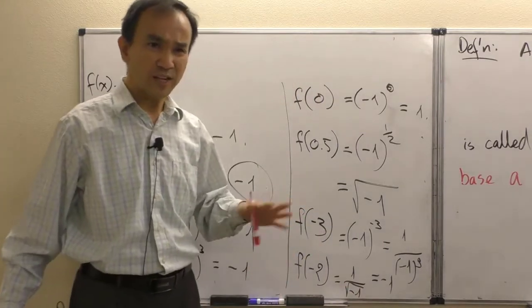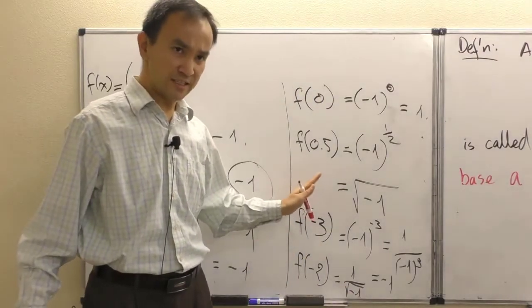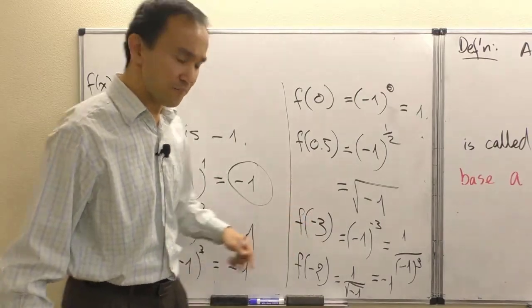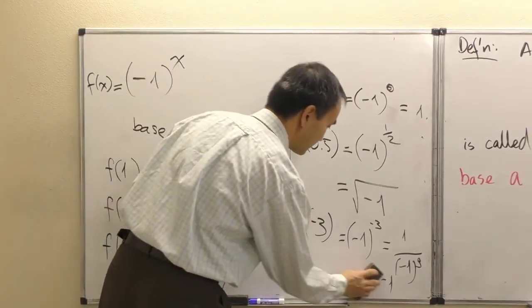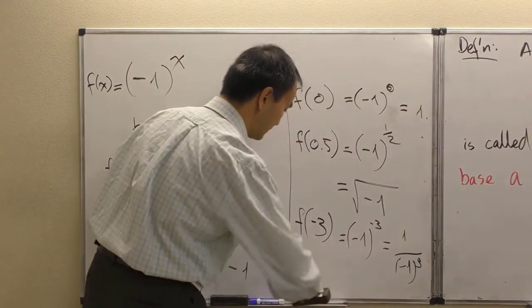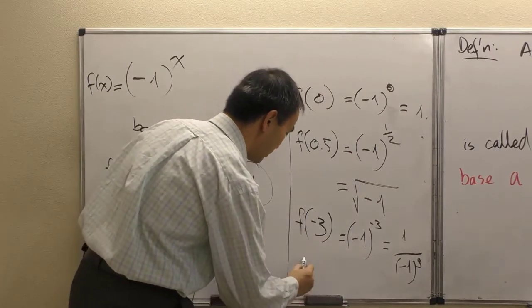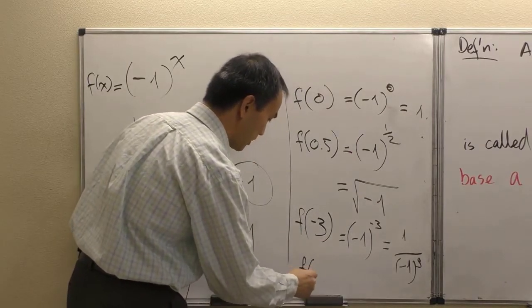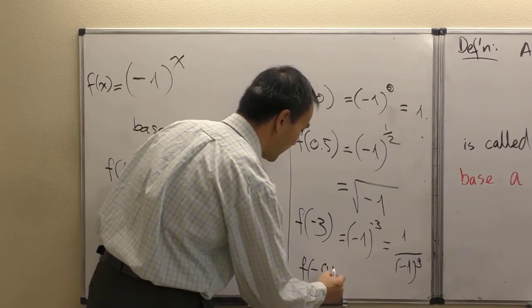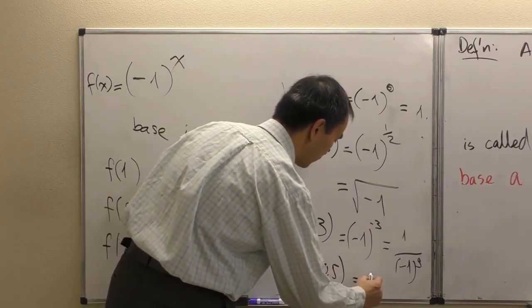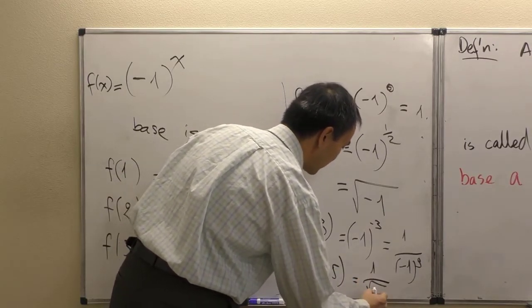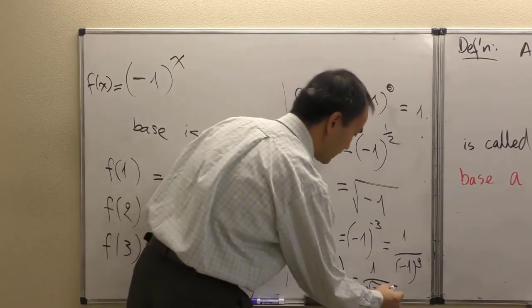So it's starting to get a little scary. And then with the power of negative 0.5 right here, it becomes 1 over the square root of negative 1, and this is another undefined.